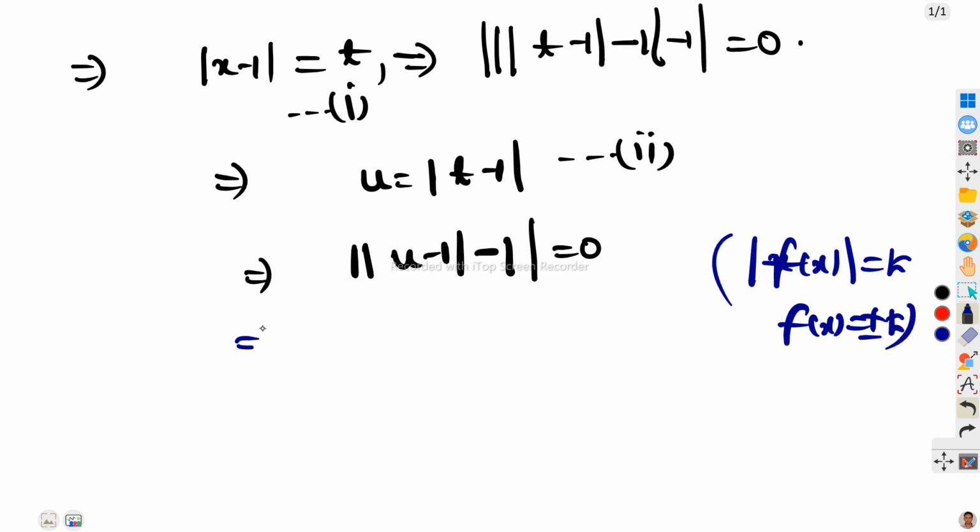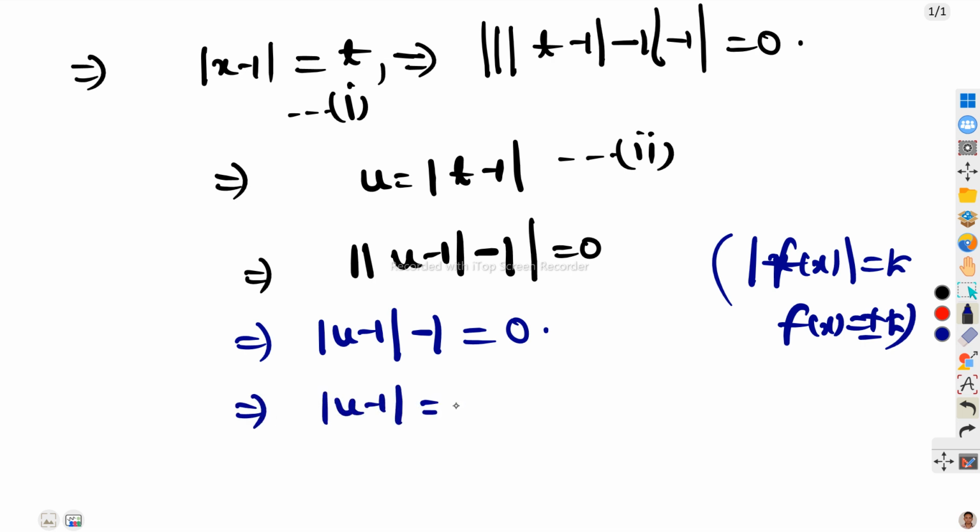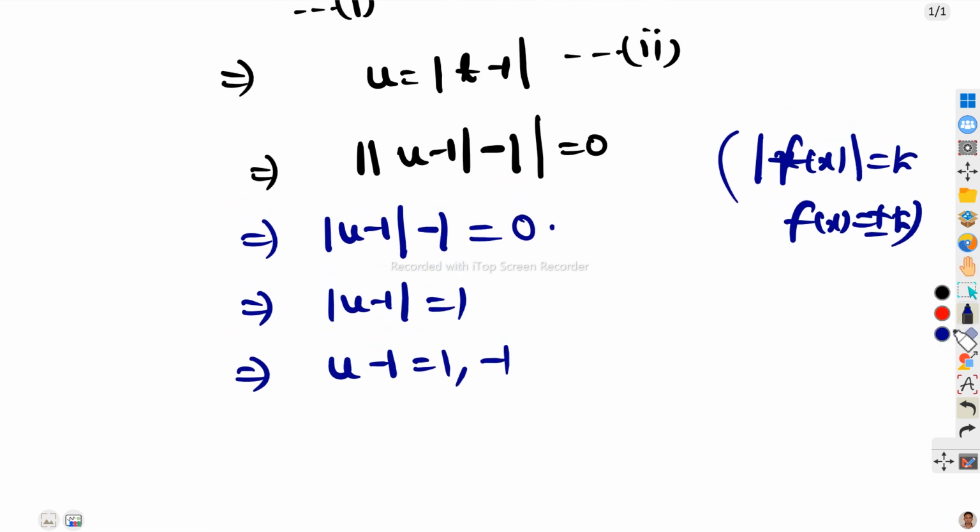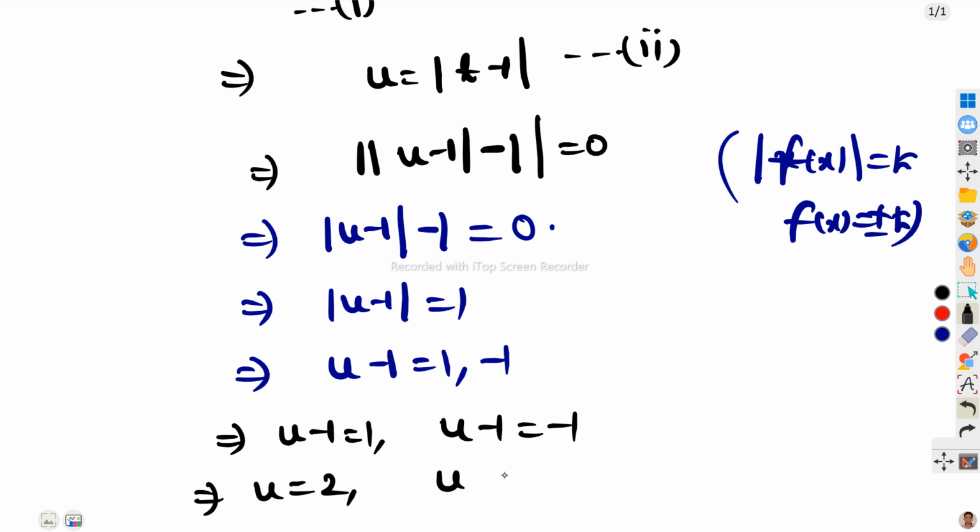So this becomes ||u − 1| − 1| = ±0, meaning 0, and this becomes |u − 1| = 1, so u − 1 = 1 and u − 1 = −1. This implies u = 2 and u = 0.